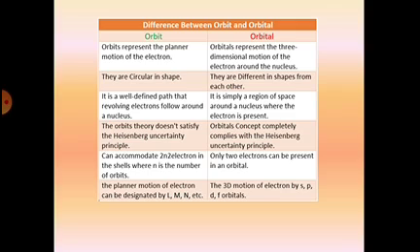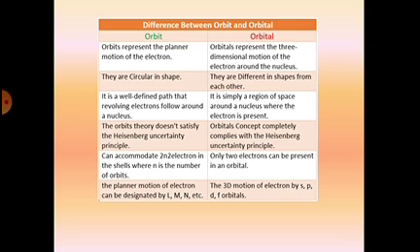It is difficult to determine the exact position and momentum of the revolving electron around the nucleus, which is the Heisenberg uncertainty principle, and the orbit theory does not satisfy it. Whereas in case of orbitals, the concept completely complies with the Heisenberg uncertainty principle, which means it obeys it.